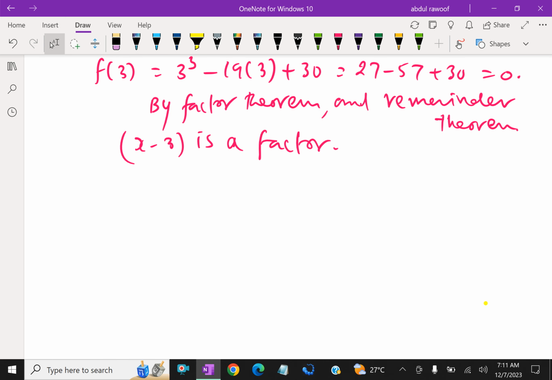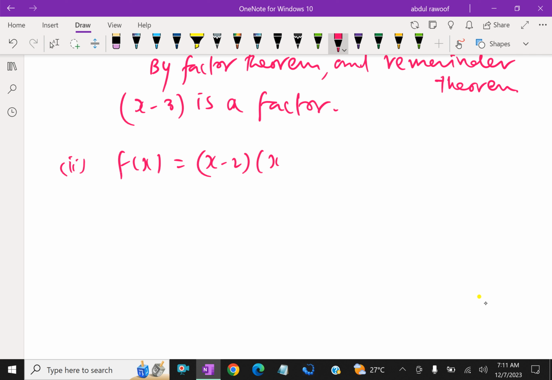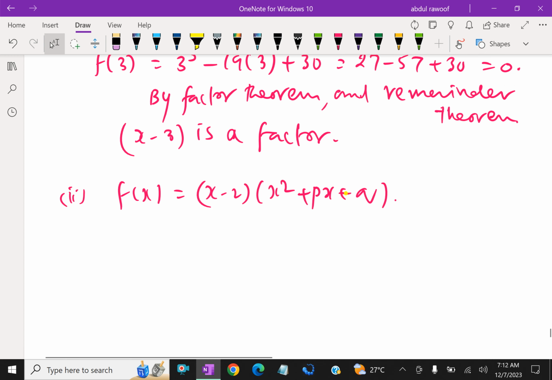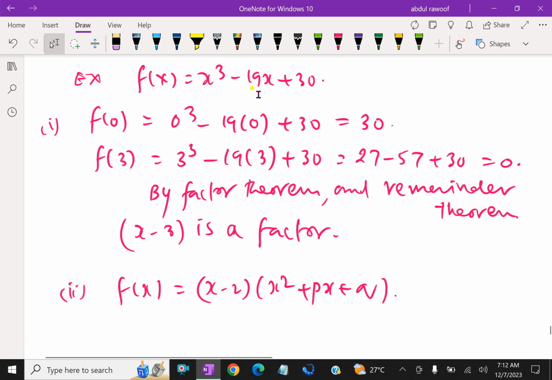Find p and q such that f of x is given as x minus 2 into x squared plus px plus q. Already the original f of x is given as x cubed minus 19x plus 30.